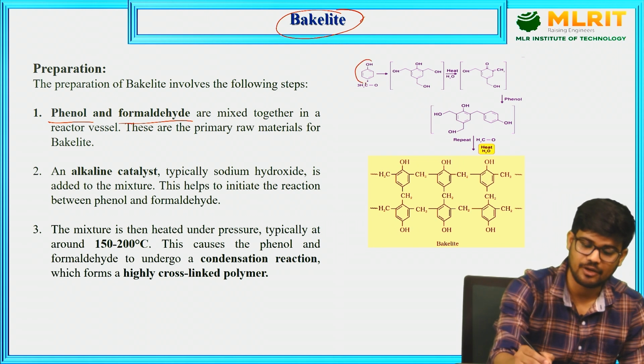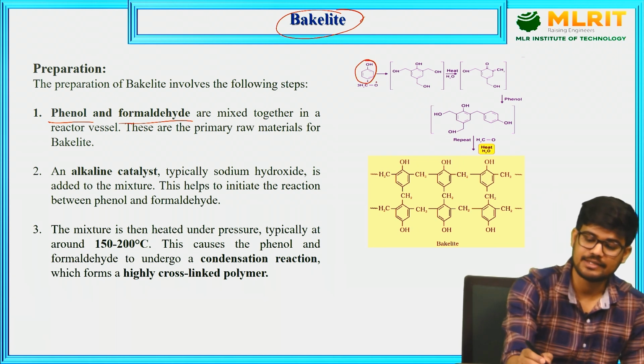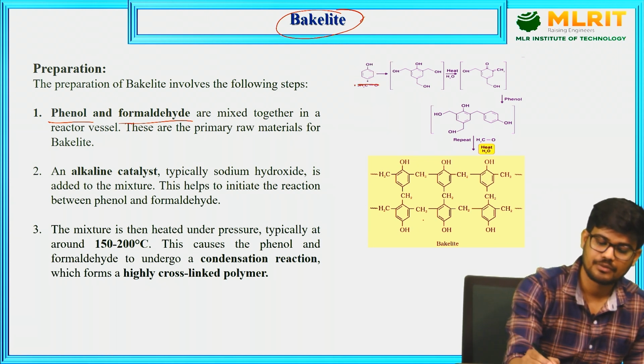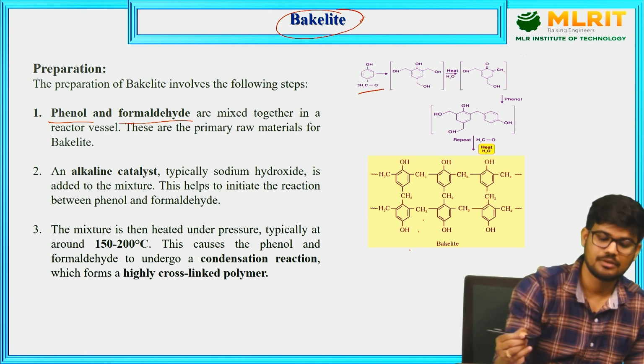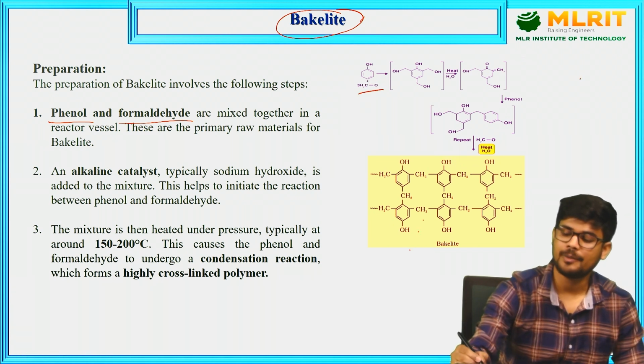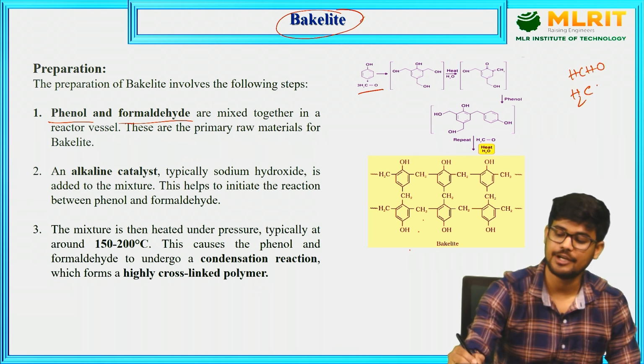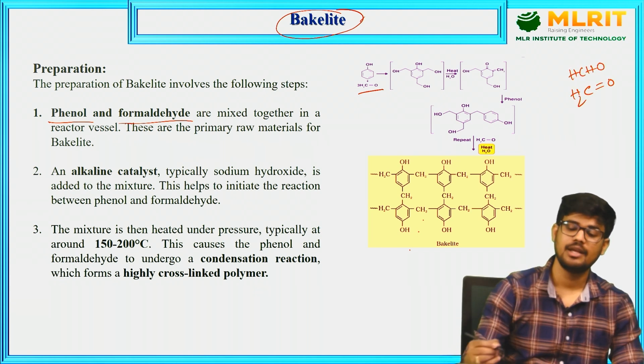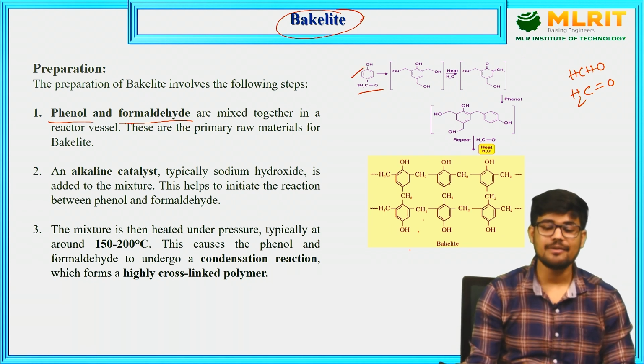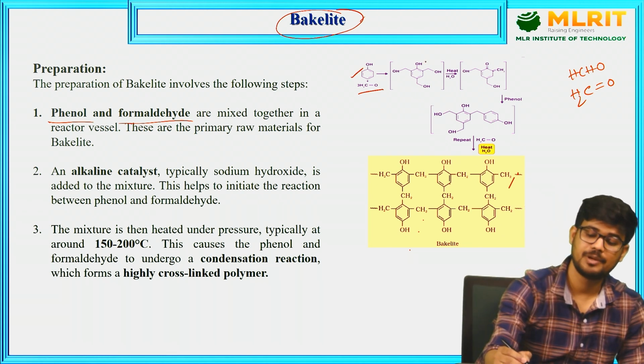So this is phenol, PhOH, and this is formaldehyde. Formaldehyde we can write as HCHO or H2C=O. If they react together, they will first prepare this intermediate.